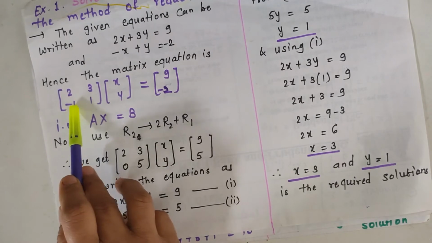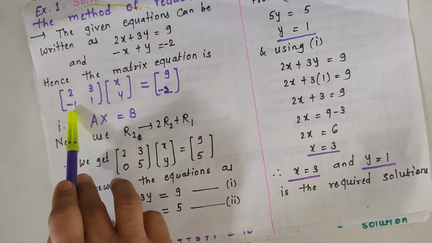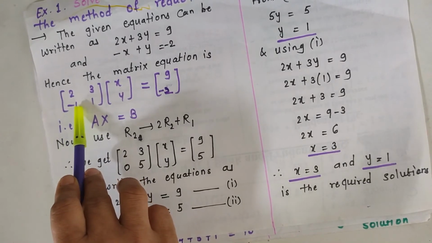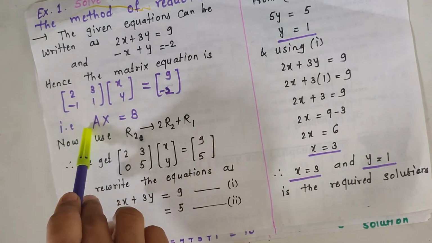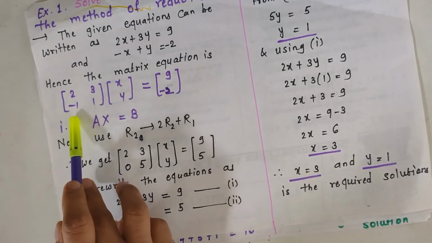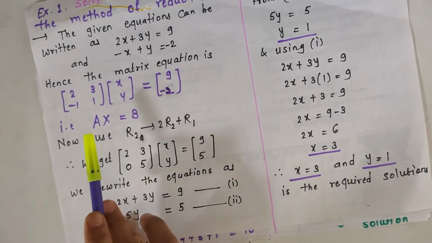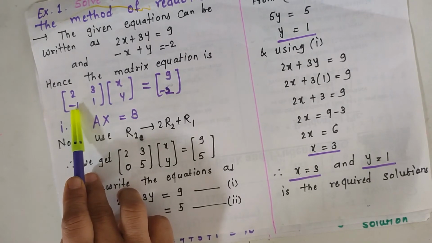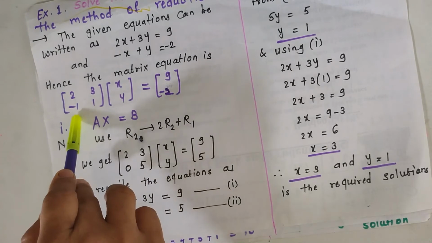That means the element minus 1 below the diagonal has to be converted into 0. For converting this element to 0, we use the row transformation such that we multiply the second row by 2 and add the first row element, then we get 0.